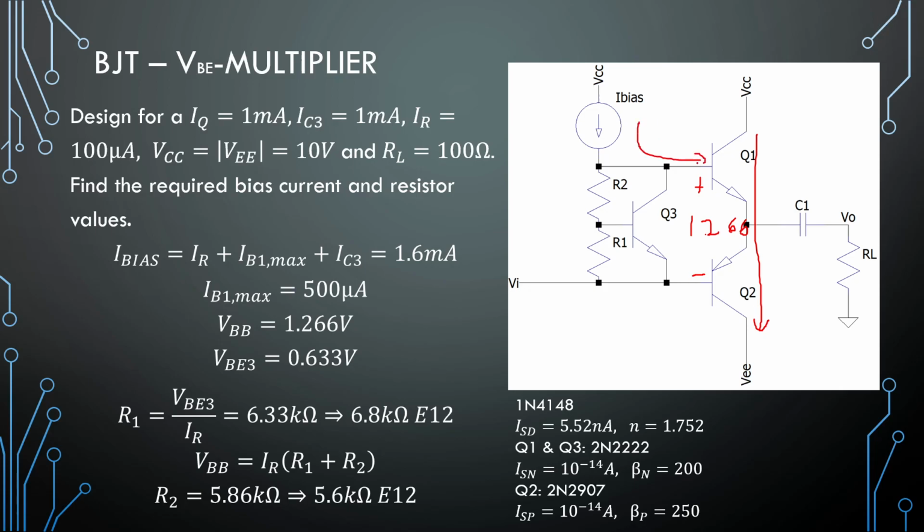We require 500 microamps for this transistor. And let's say that we bias this transistor with 1 milliampere and we bias the resistors right here with 100 microamps.